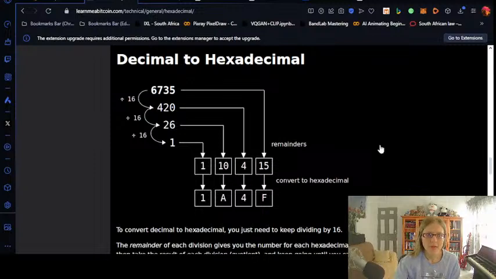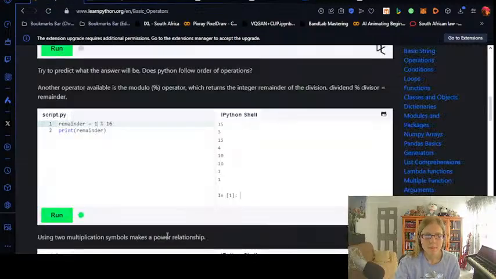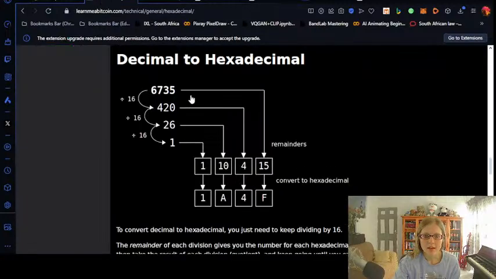The modulo operator in Python makes this task a bit simpler because it's going to calculate the remainder for us. But first, I'll explain how it works manually, and then we'll make use of the modulo operator. So the first step is to say 6,735 and we will divide it by 16.